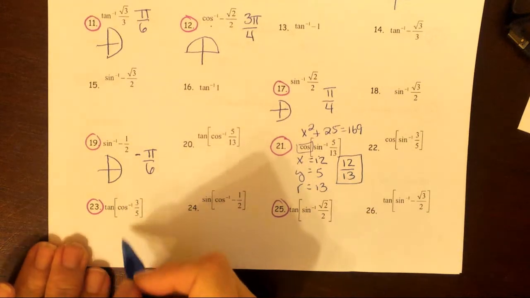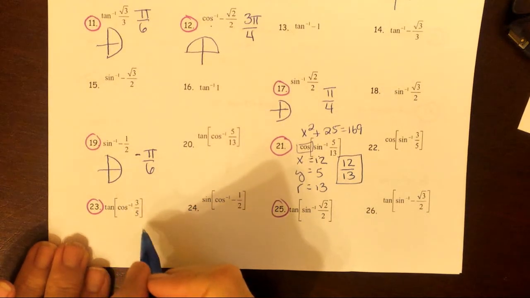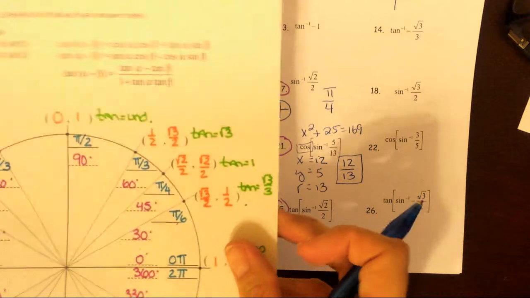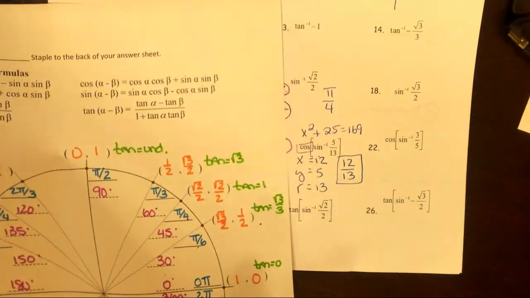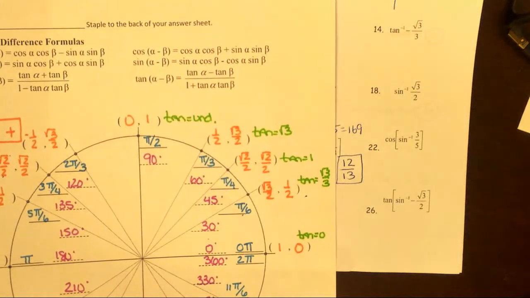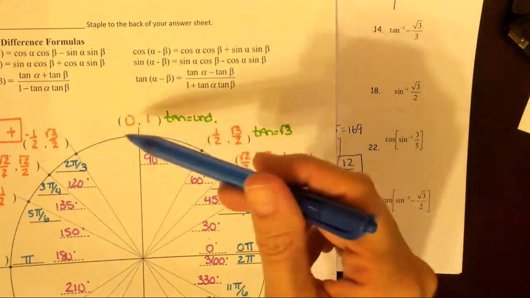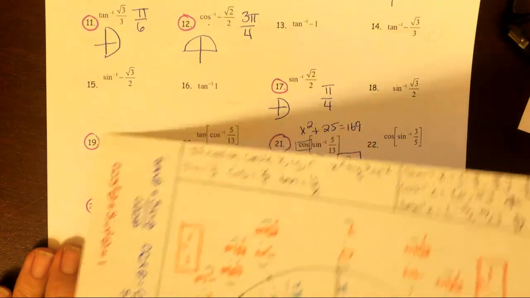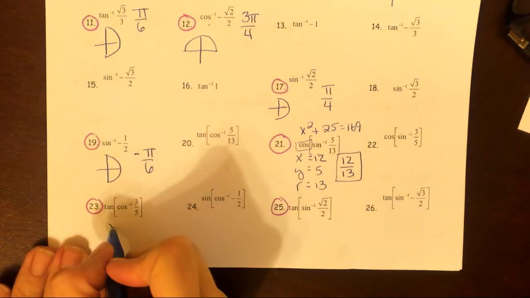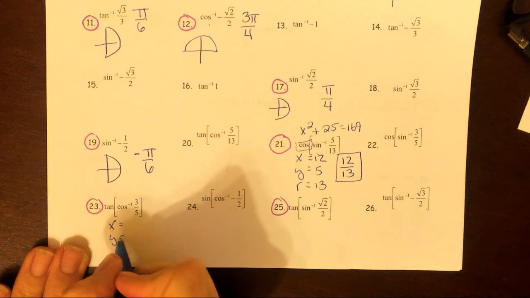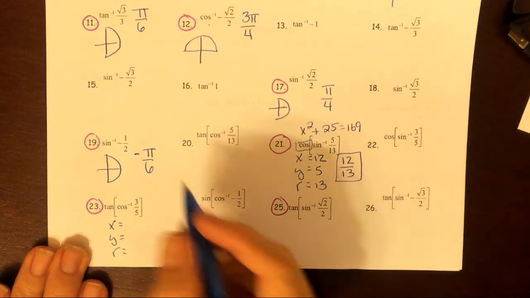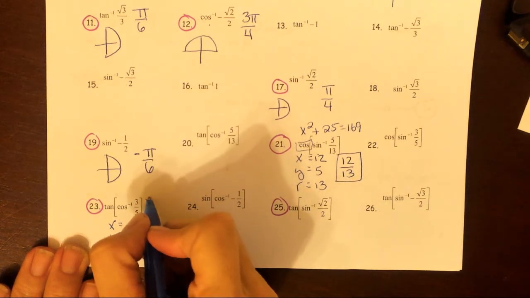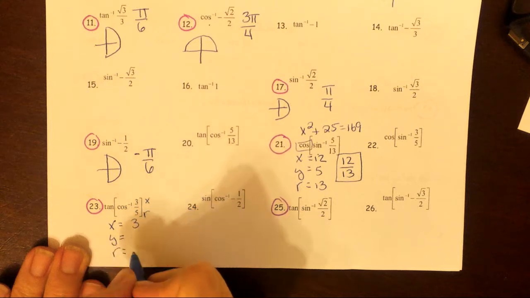23 is cosine inverse, so I'm thinking quadrants 1 and 2. It's positive, so now I'm thinking quadrant 1. So where on the circle does the x equal 3 over 5? It doesn't. It's not on the circle, so we think XYR. I write x equals, y equals, r equals. Because it's cosine, they gave me the x and the r.